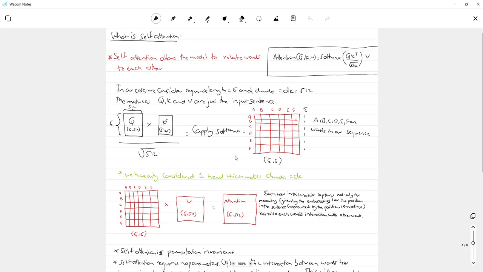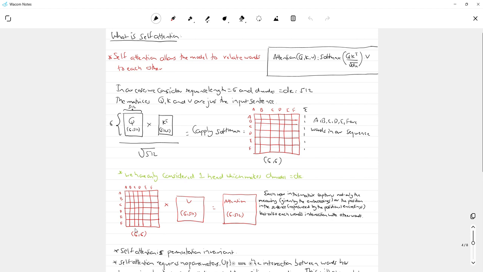Softmax turns these raw scores into attention weights that sum up to 1 for each row. This means that for each word, or for each query, you get the probability showing how much attention it should pay to every other word, or the key. So these are the weights of importance.